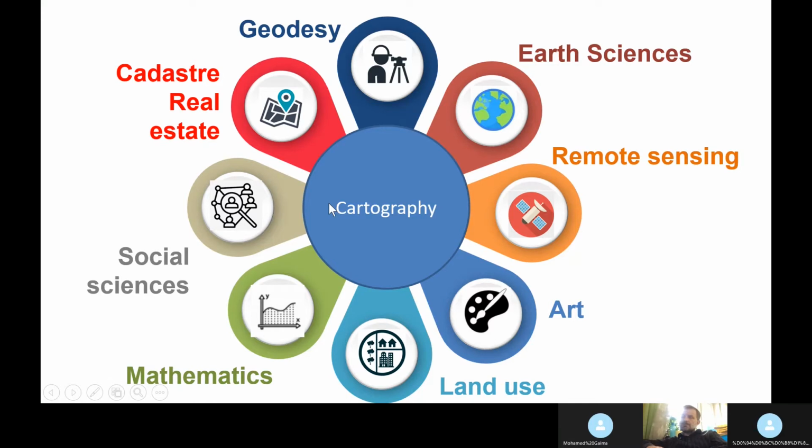And the last one is that cartography has good connections, good relations with cadastral and real estate activities.